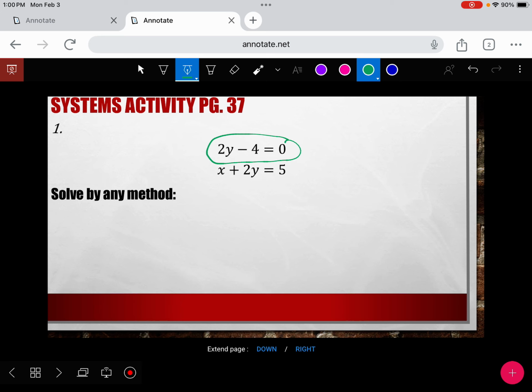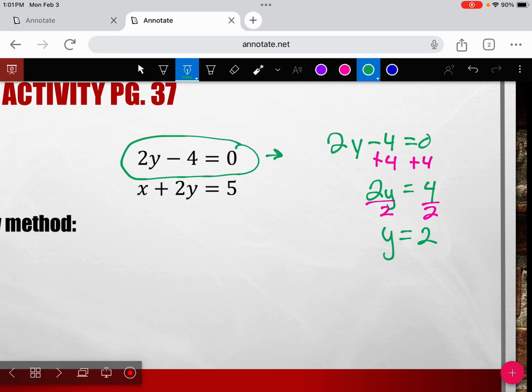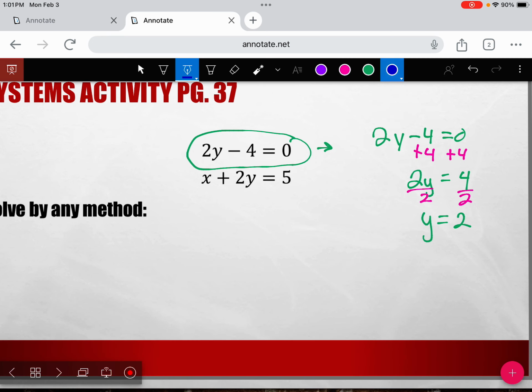Then to get my y by itself, we divide both sides by 2, and that gives us y is 2. So just by trying to solve this around to a y equals mx plus b situation, we actually found the y value of our solution, because our solution is going to be an ordered pair. So I know my y value is 2.